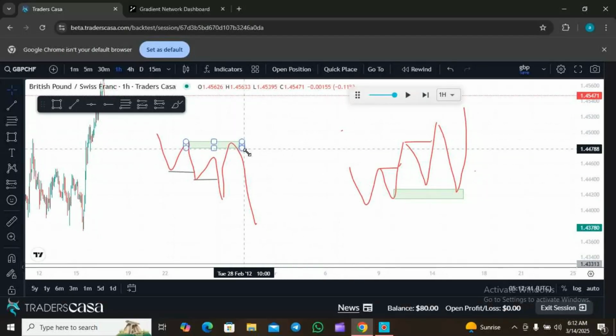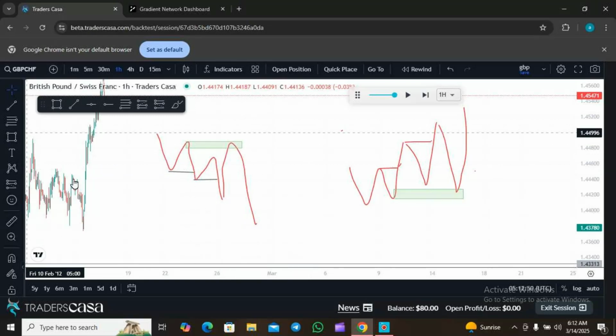And this setup works in a high probability setup, and it's general. It doesn't work on only GBP CHF.